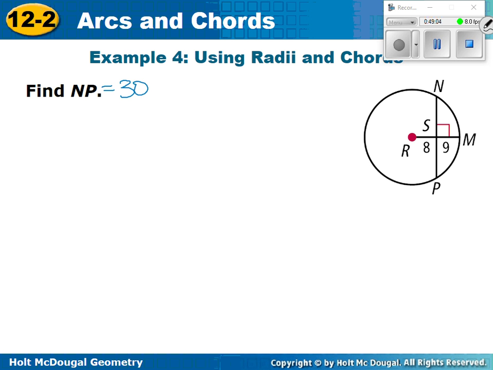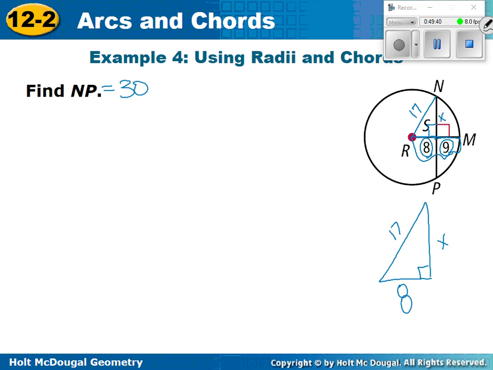First of all, this is 8, referring to this distance here. 9 is referring to this distance. So what is the radius? 17, which means if you draw your radius from R to N or R to P, it should be 17, which means you have a right triangle. Be careful though, what theorem over here on the board are we going to have to use after we use Pythagorean theorem here? If this is 17, this is 8, call this x.